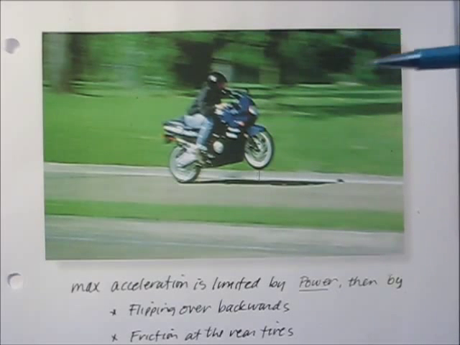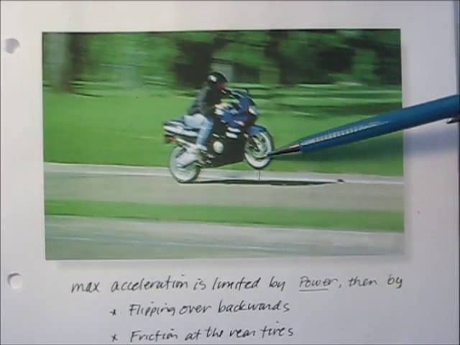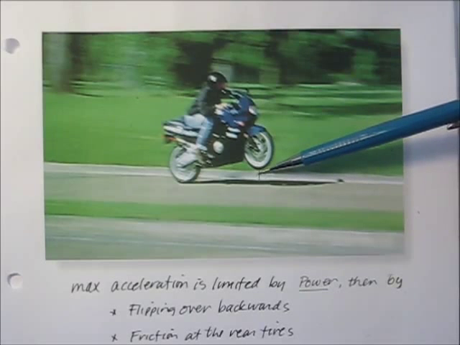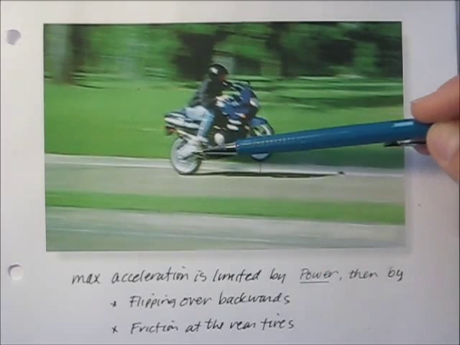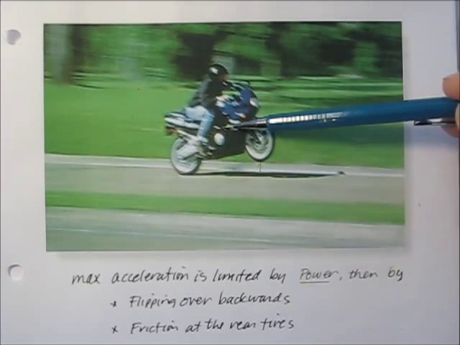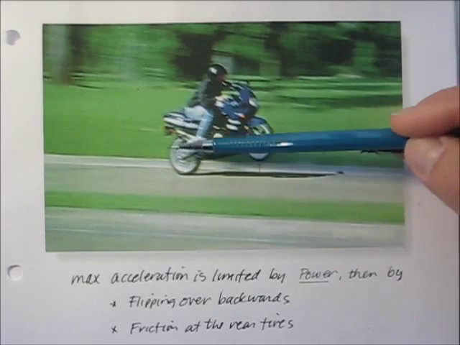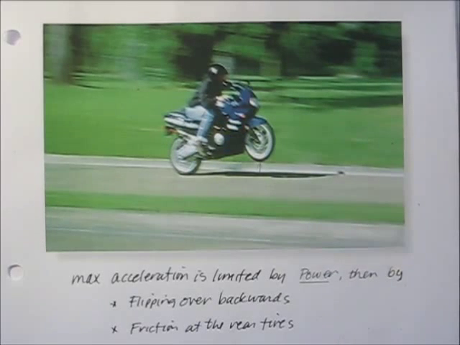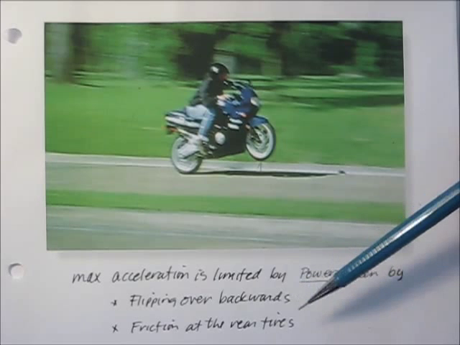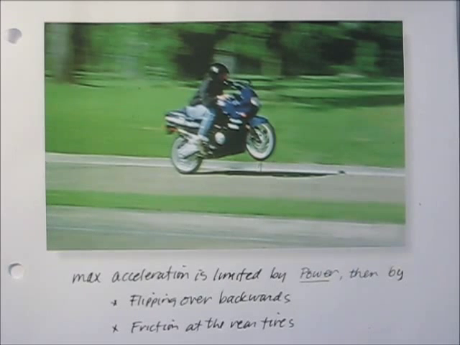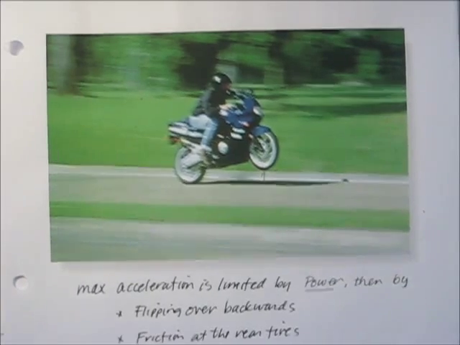So the maximum acceleration that would occur is whenever this normal force just barely goes to 0. The other condition that may happen is whether there's enough friction in the back. Even though you have enough power, you may start spinning the rear wheel. And if you start slipping, then you can't go any faster than that. So once you have enough power to either flip over backwards or break friction, that's what our limiting acceleration is all about.